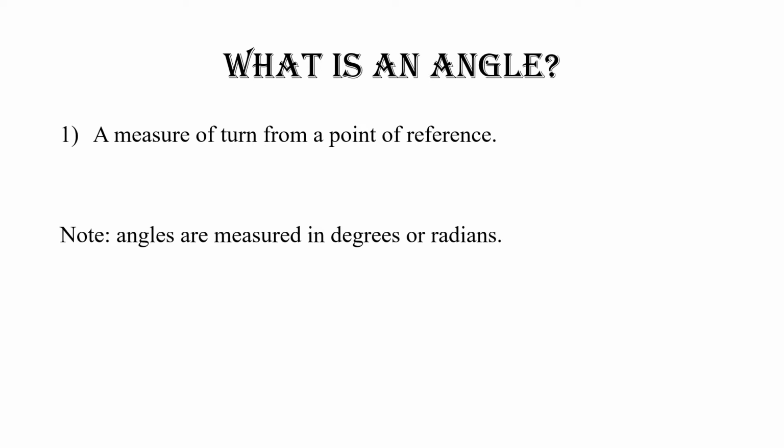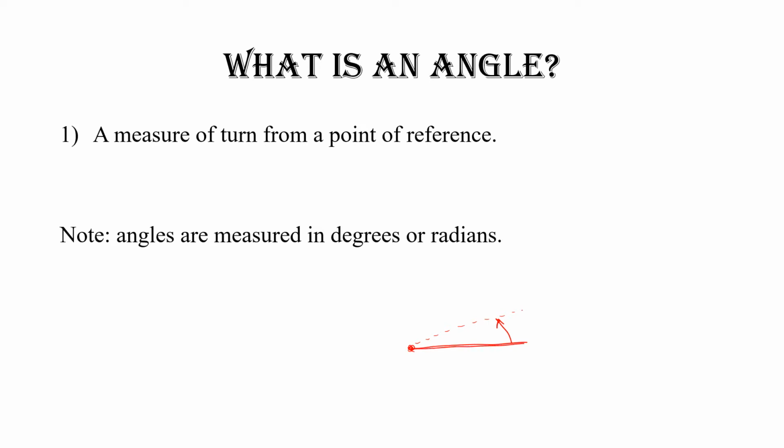And let's just go back a little and play with the definition. A measure of turn from a point of reference. The easiest way to illustrate that, remember, if we have a line like this, and this line is folded and you bring it up to form this angle, we can say that this line, the dotted line, was moved from the flat line to where I stopped there.